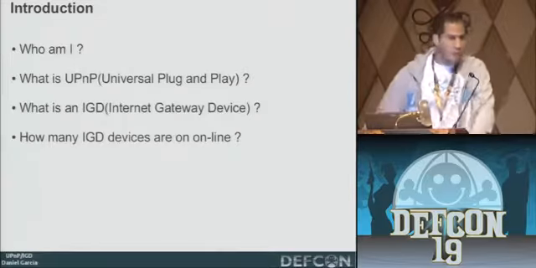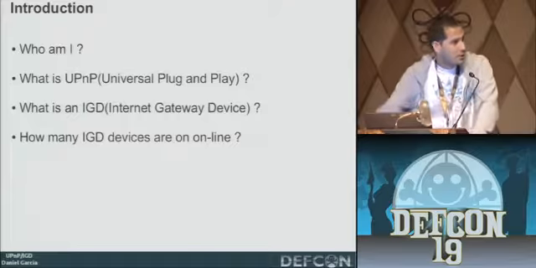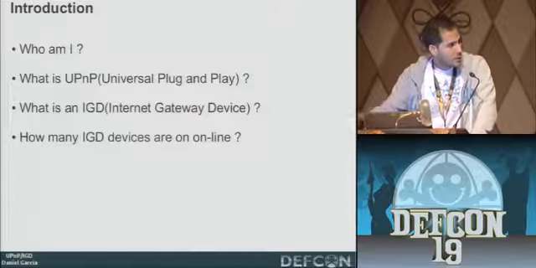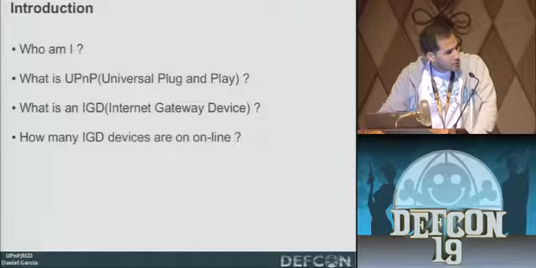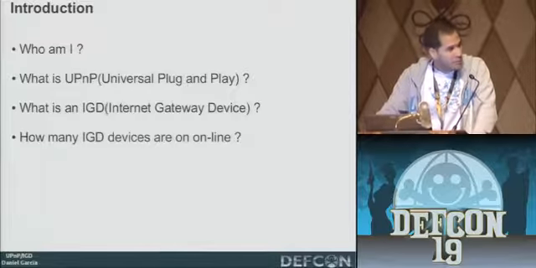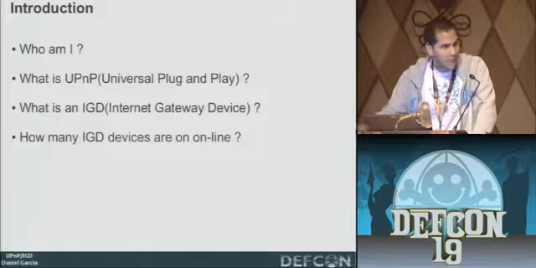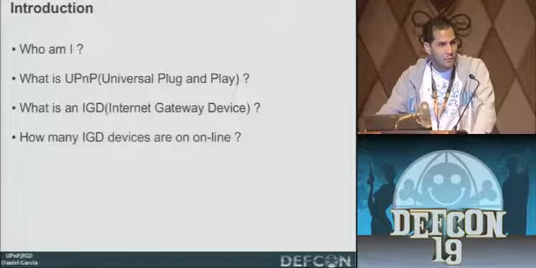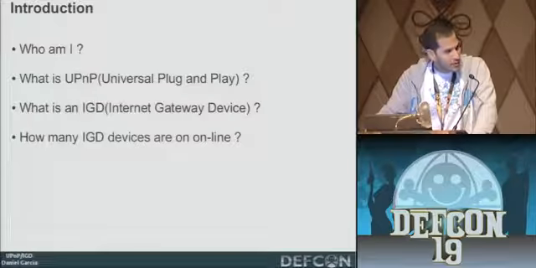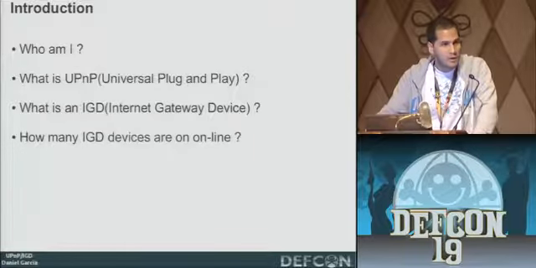So, big question, and I've been working with Dan Kaminsky on this one: how many IGD devices are online? A shed load. I mean, it's amazing. We thought we would have a minority of the devices on the net, but I have personally seen 500,000 devices across different countries open and accepting UPnP requests.